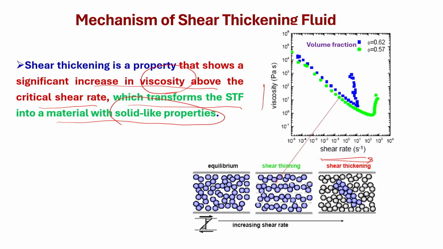You can see the viscosity reduces with the increase in shear rate, and that type of fluid is called a shear thinning fluid.